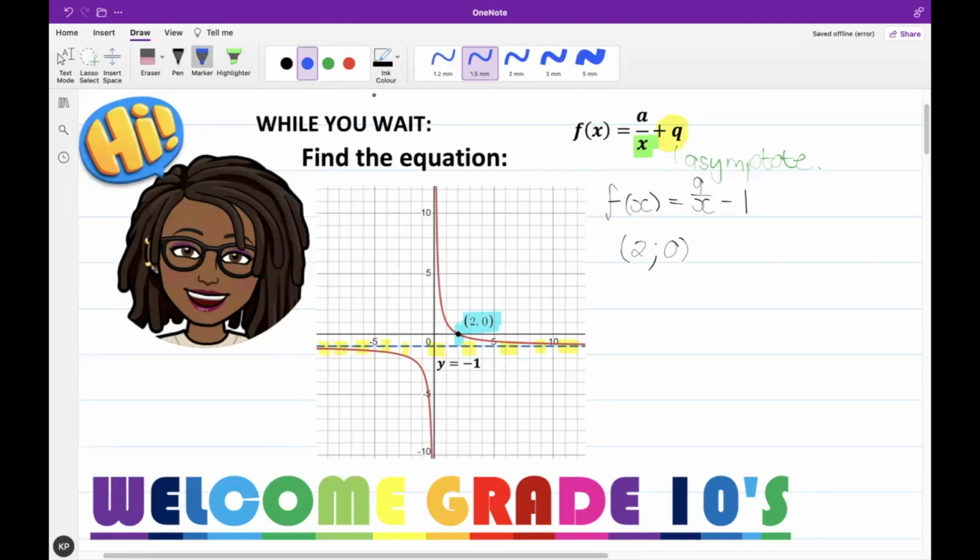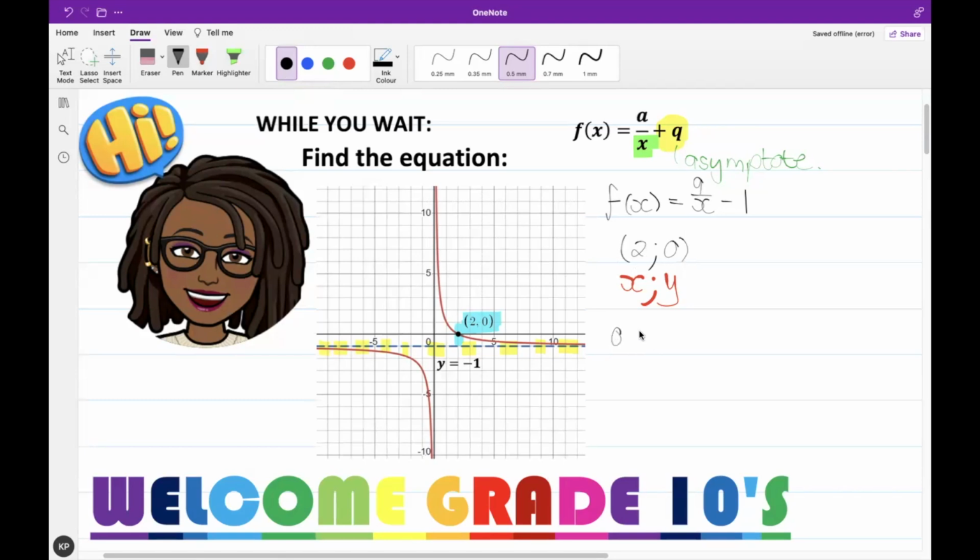And just keep in mind that points or coordinates are made from an x and a y. And what do we have that we can substitute in the equation? We have an x and a y. Do you guys agree? f(x) is the same as y, and x, which is at the bottom of a, is just x. So let's substitute this point.